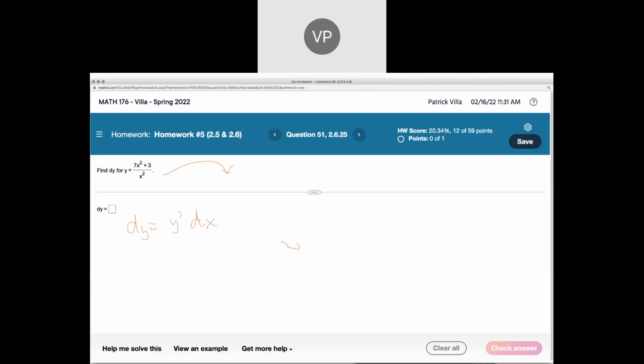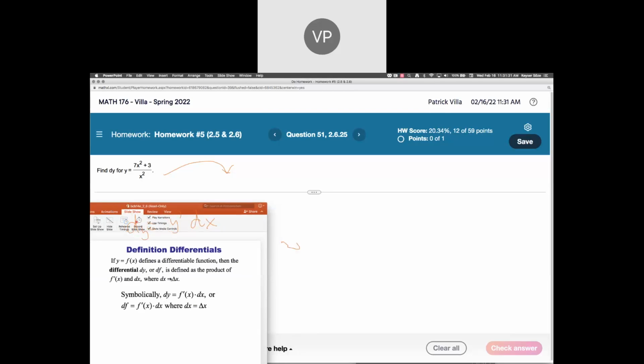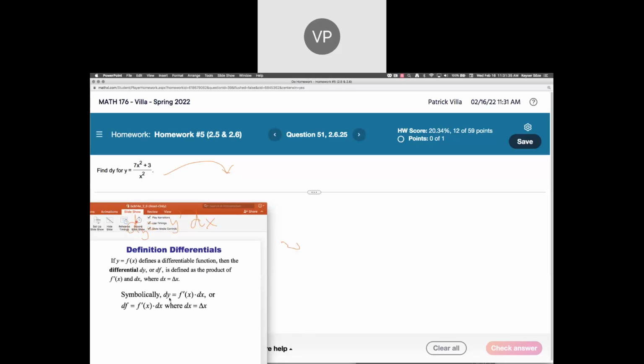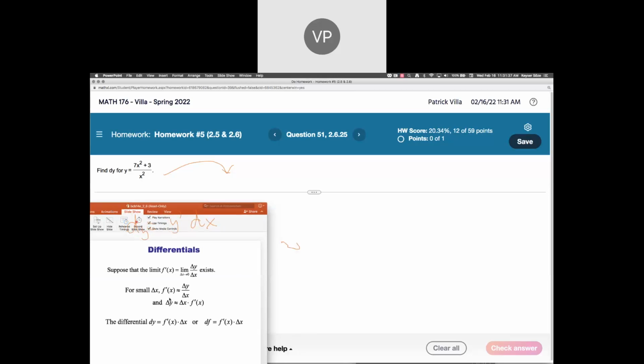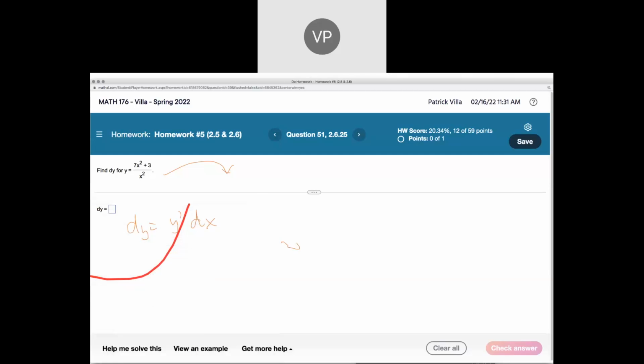And I'll point out your second slide here. There it is. See how they had the same formula? That one, that one. They're both dy equals a derivative. One's times delta x, one's times dx. It doesn't matter, because they are equal to each other. Because they're the exact same thing. Okay? So, let me erase this, sorry.